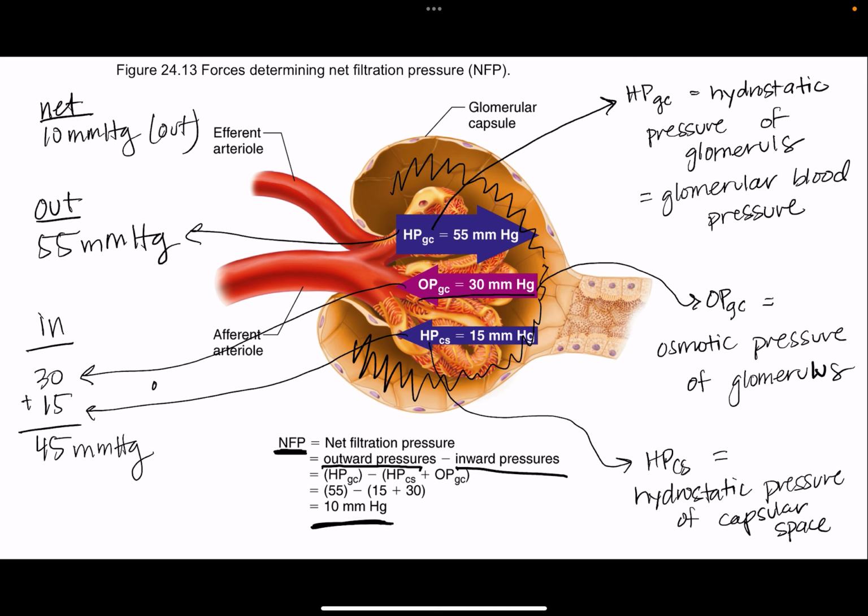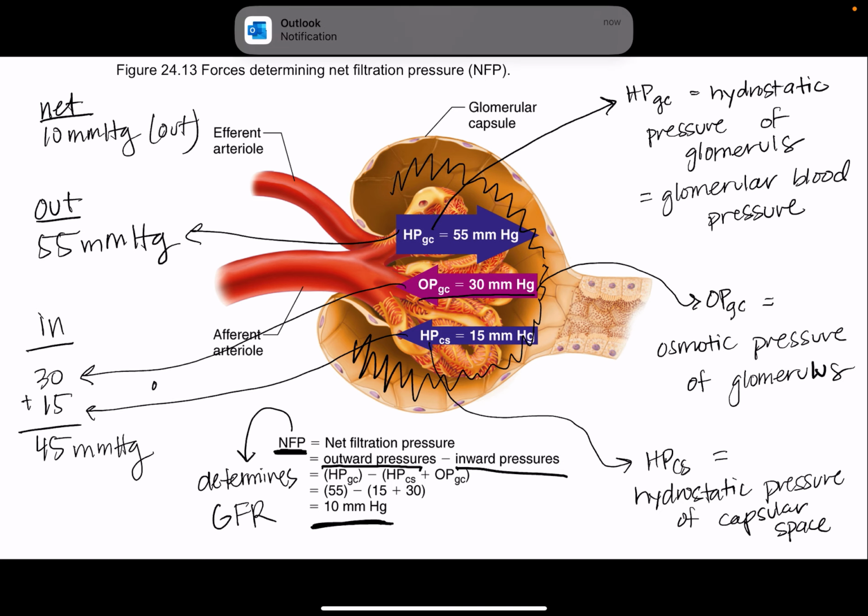And this net filtration pressure is what is going to determine our GFR, our glomerular filtration rate, which is what we're going to talk about next. Now, am I going to make you memorize these numbers and ask you to do the math for me? No, but you should understand the outward pressures versus inward pressures and what allows us to make that urine or filtrate.